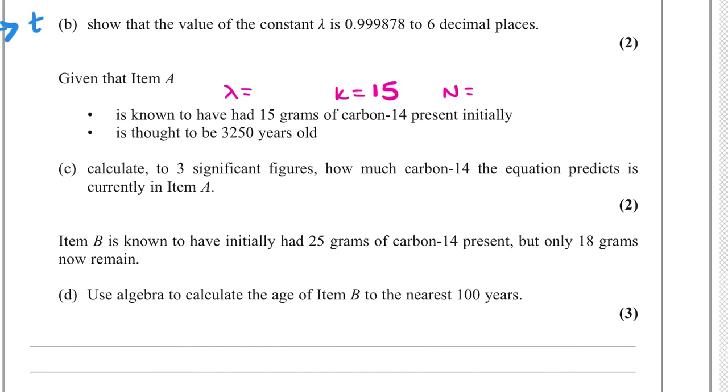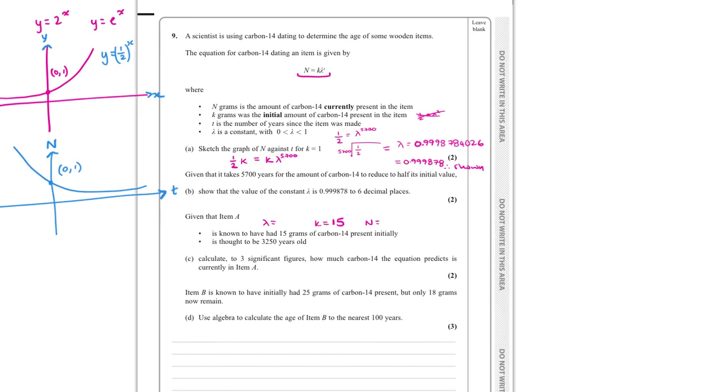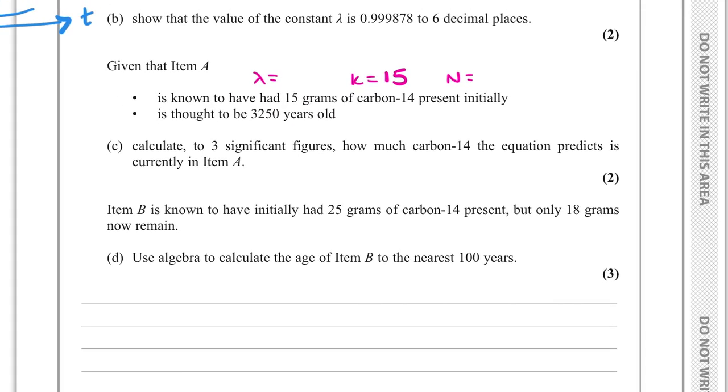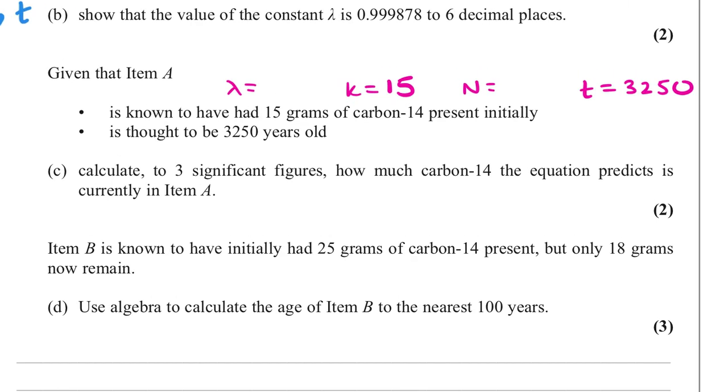Okay, so from this, we're going to write down what we know. Then it says it's thought to be 3,250 years old. So what's that? What else am I missing? T, which is 3250. Do I know what lambda is?